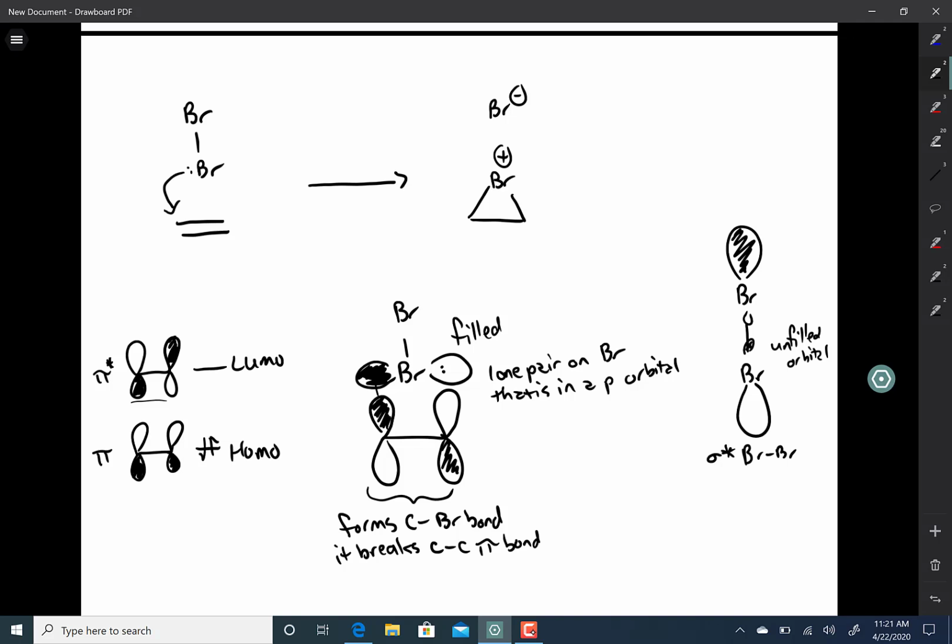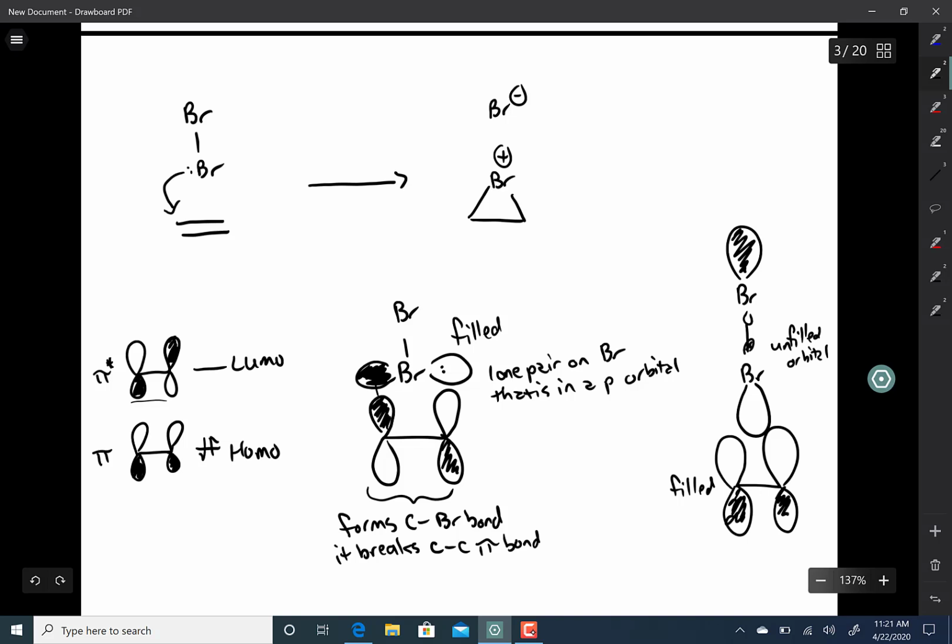Now those electrons have to go somewhere, and so they have the HOMO. This is the filled orbital. It has 2 electrons in it. Notice the symmetry of this matches the symmetry of the unfilled orbital of the bromine-bromine antibonding orbital.